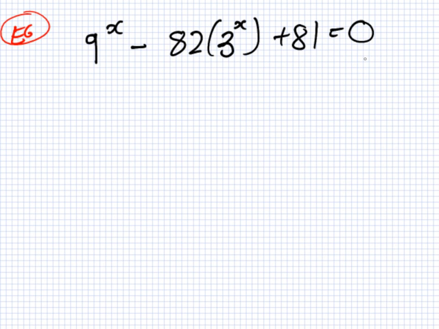So does anyone have an idea about what we can maybe do to simplify? Any ideas? Transform 81 in 9 power. 9 squared, yeah, by 81, yeah. What else? Anything else? No? No ideas?